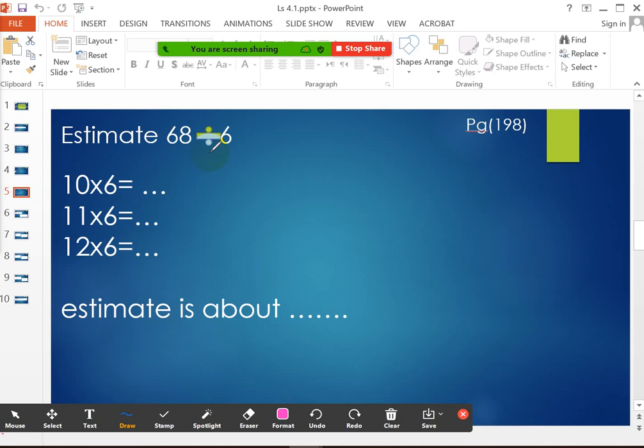And we use the multiples strategy. That means I will multiply the small number that I want to divide by, with the bigger or the two-digit number. So in this exercise, I want to estimate this division, and estimate the answer, which is the quotient.